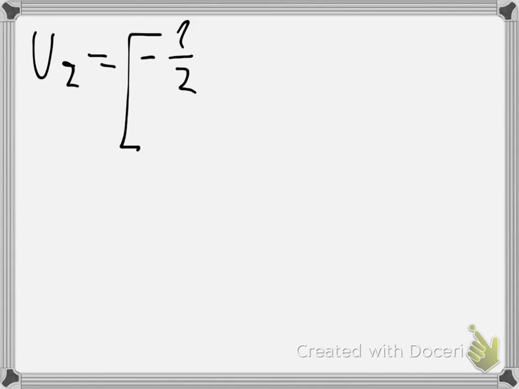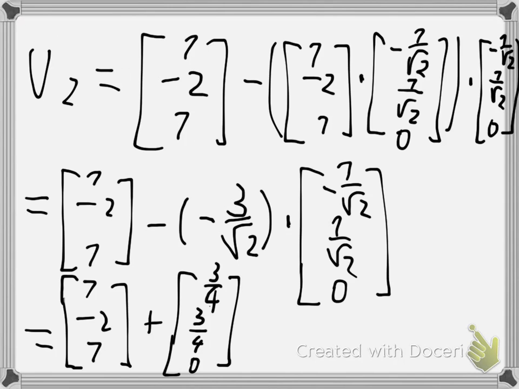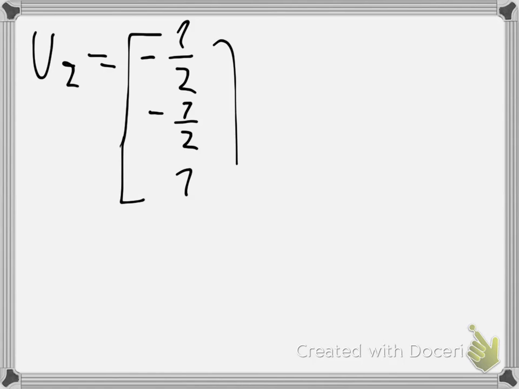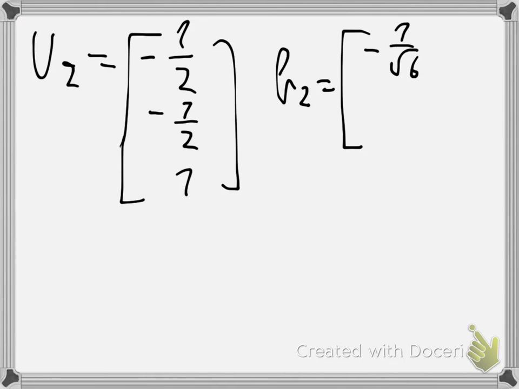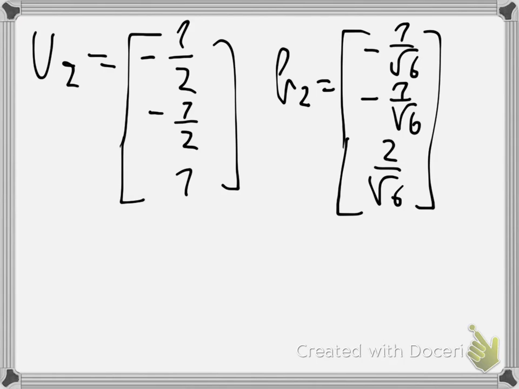Oh, negative 1 over 2, negative 1 over 2 and 1. Sorry. It should be correct now. So we get B2 is equal to, you divide by its length, you should get the following.